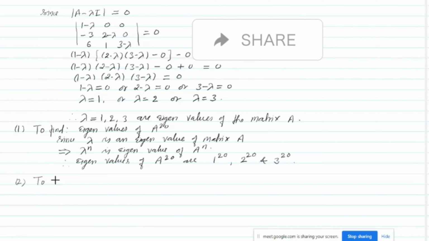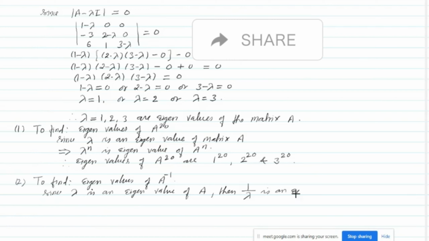Now to find the eigenvalues of A inverse, again we have, since lambda is an eigenvalue of A, then 1 by lambda is an eigenvalue of A inverse.